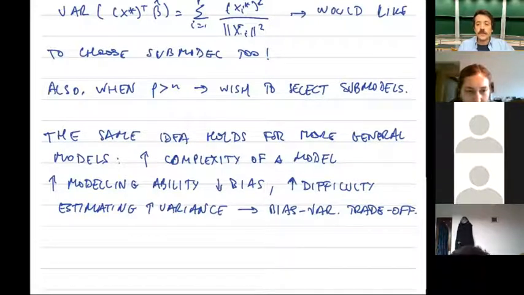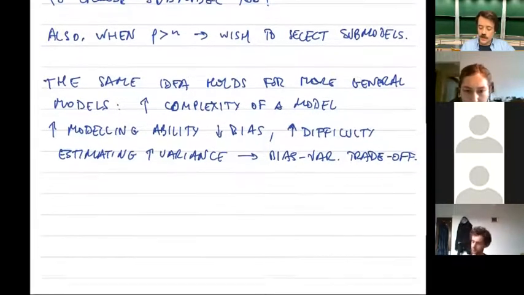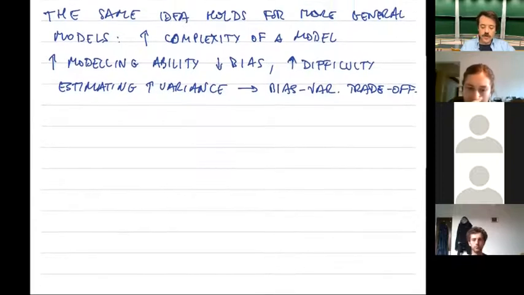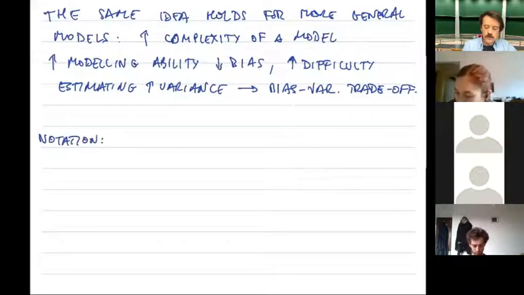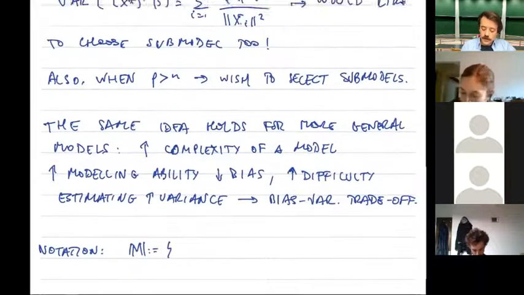Okay, so let me then introduce a few ways of doing model selection, now that we've argued this. So let's have some notation. Let double-struck M be a collection of models.